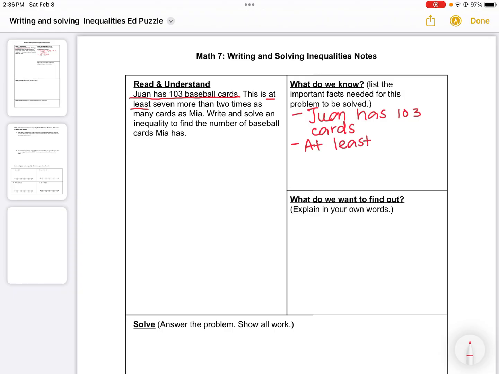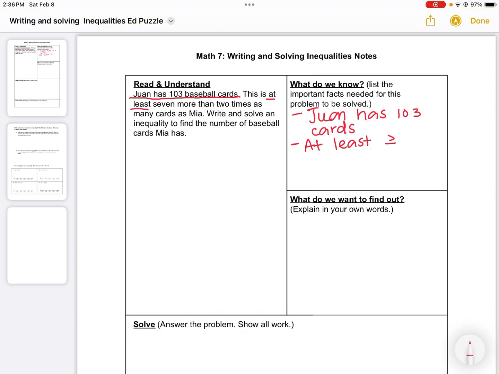This tells me that at least it can be equal to 103 baseball cards. However, it also could be more. So 103 baseball cards could be more than what Mia has, or it could be equal to what Mia has. That tells me that my "at least" sign is going to be greater than or equal to.